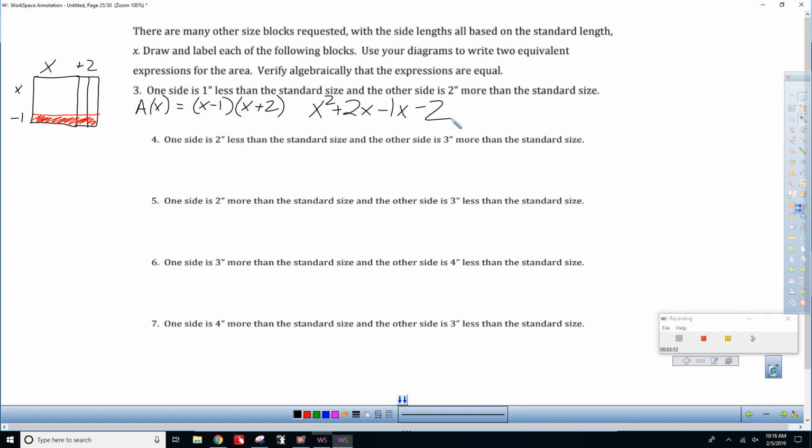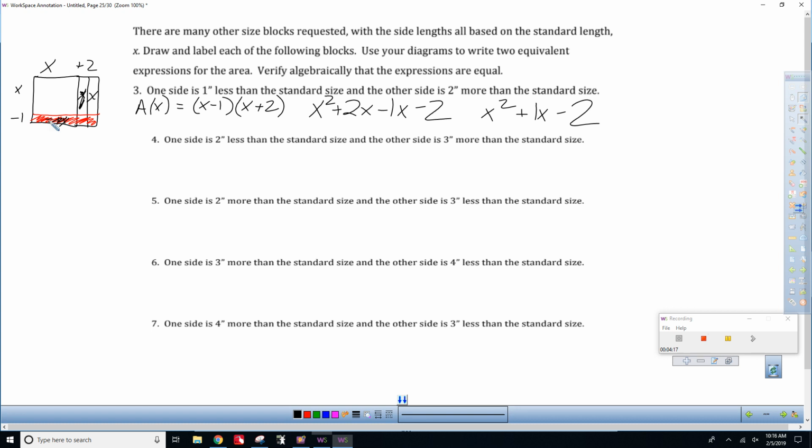I think it works. So you get X squared plus 1X minus 2. If you think about this, this is like 1X and 1X, but this is negative 1X, and so these will cancel each other. That's kind of what's going on.